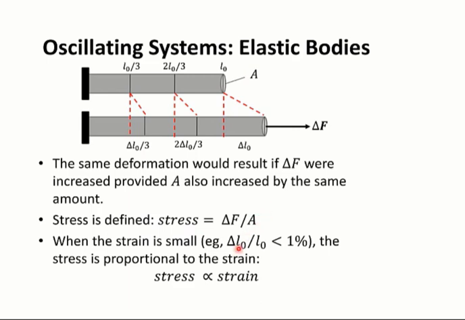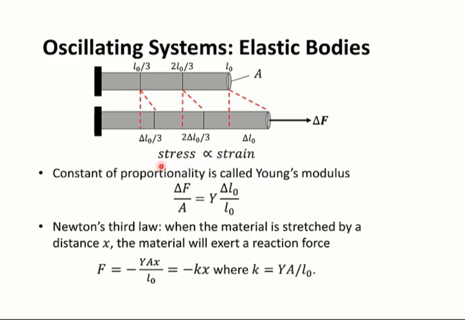And this is actually another form of Hooke's law, which says that stress is proportional to strain. But they are proportional up to a certain limit, where the strain is very, very small. We call that limit the elastic limit of that elastic object. So in the elastic limit, stress is proportional to strain.